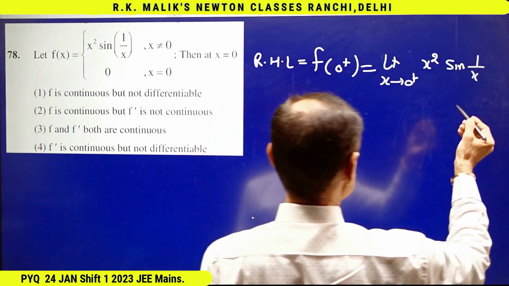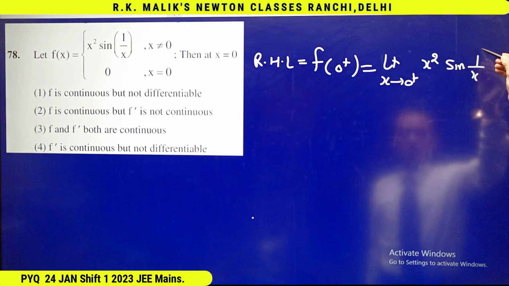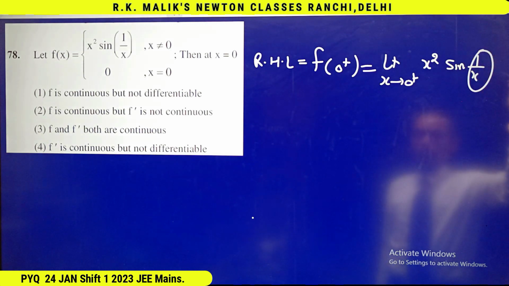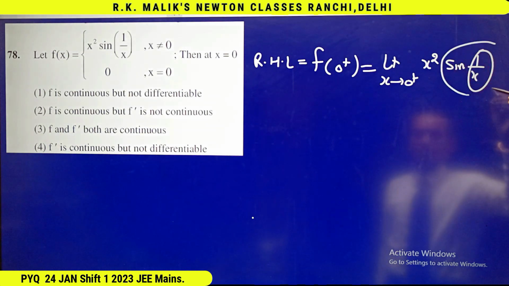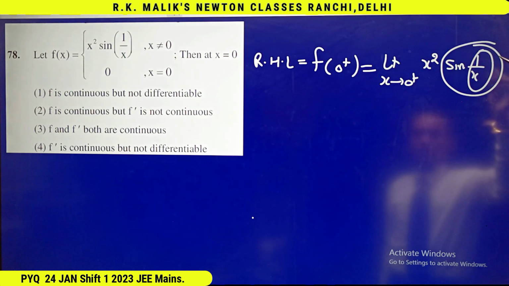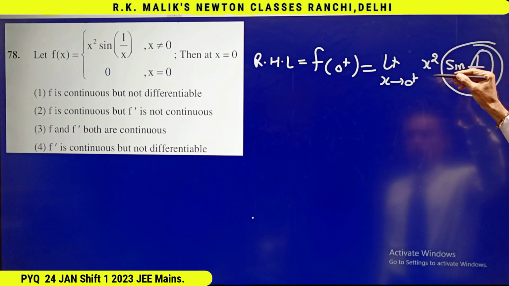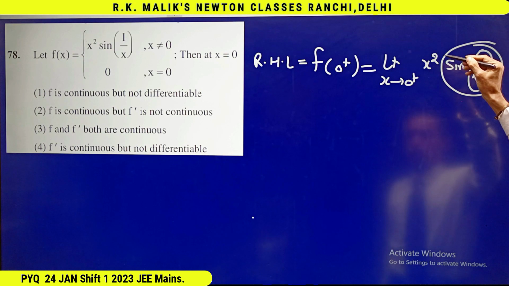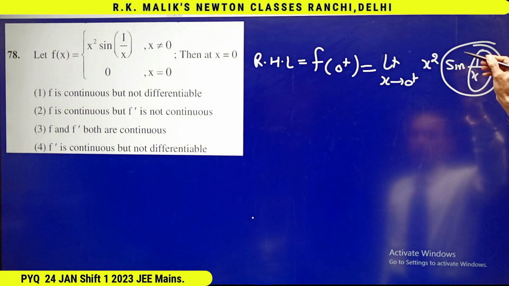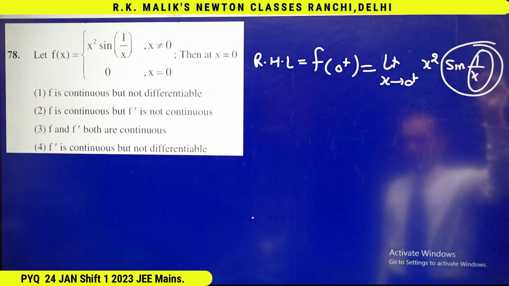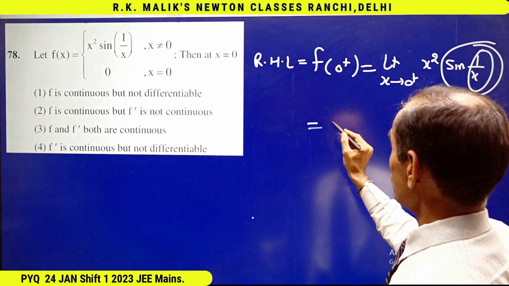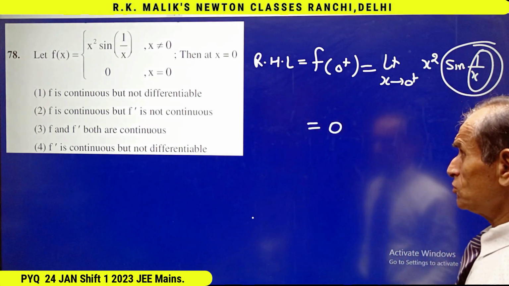As x tends to 0 plus, 1 by x tends to infinity, and when sine operates upon 1 by x, the value will keep fluctuating between minus 1 and 1, but x square is tending to 0, and tending to 0 into any finite number is 0. Hence the value of the right hand limit will be 0.